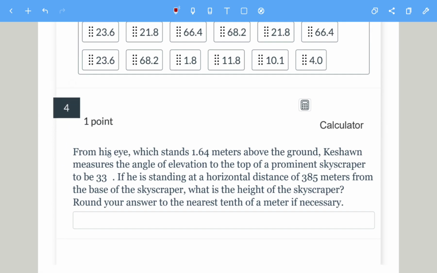Now our last question is a word problem. From his eye, so we have a person here. Let's draw a picture. The eye stands 1.64 meters above the ground. Kashan measures the angle of elevation to the top of a skyscraper to be 33 degrees.